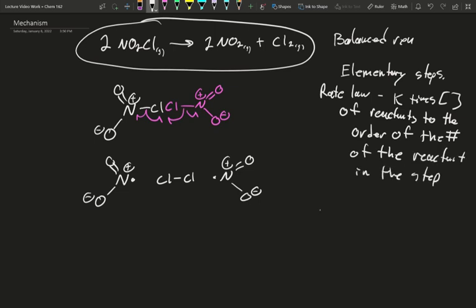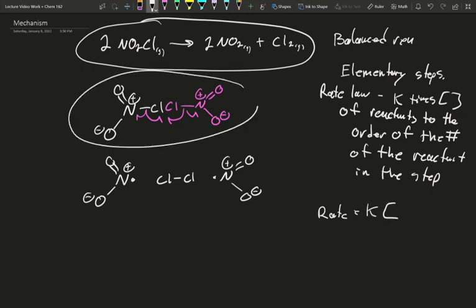So in this case, the rate of this step would equal some k. Well, the only molecules that interacted as reactants were two NO2Cls. And because there were two of them, it would be to the second power. What we proposed was a second order reaction. Why would it be second order? Well, it's got to find another of itself.